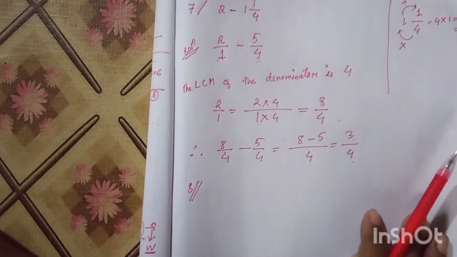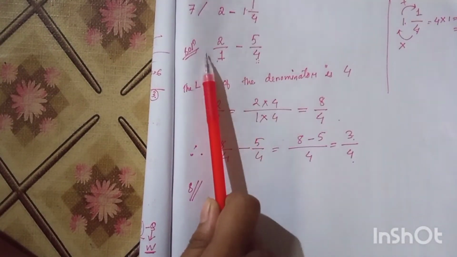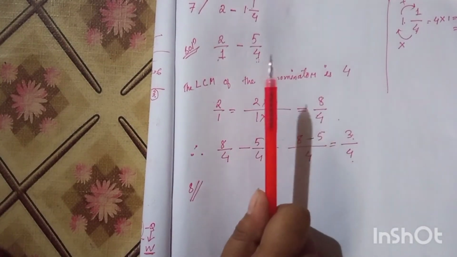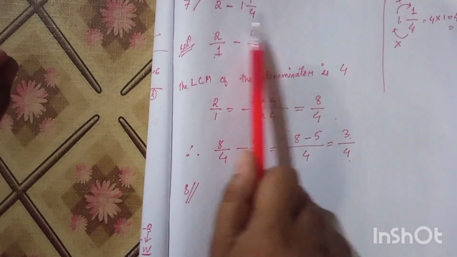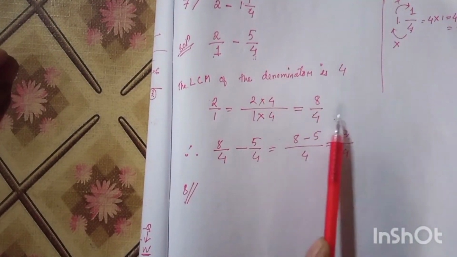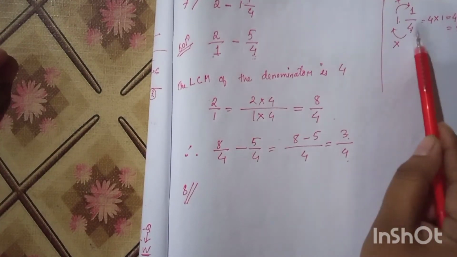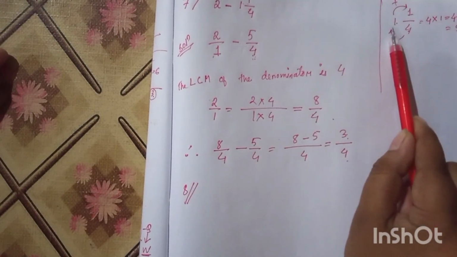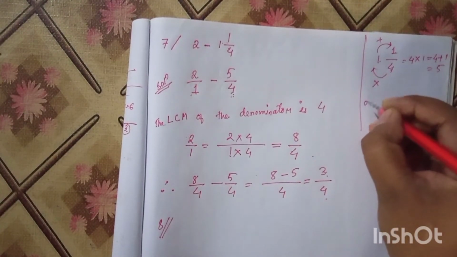Kindly do it yourself. The problem is that here the mixed fraction is in the front and after that there is another fraction. So that is also very easy. You know how to convert a mixed fraction into an improper fraction, right? You need to multiply the denominator with the whole number and add the numerator. Understood?